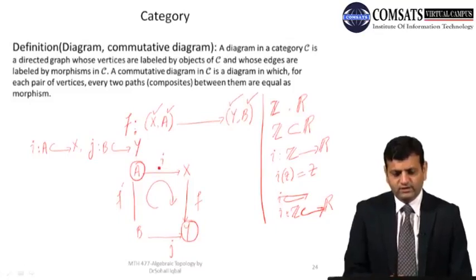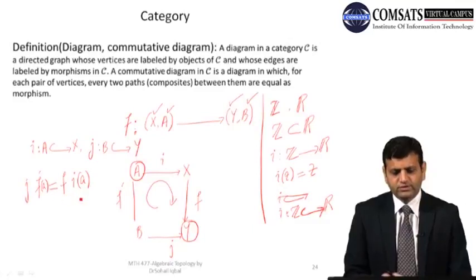For example, if I first apply I and then apply F on some element of A, then it is the same as first applying F prime on that element and then applying J on that element. So it is the commutativity of the diagram.